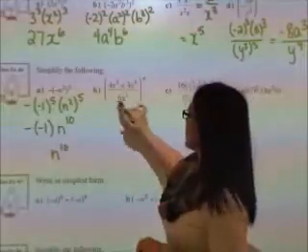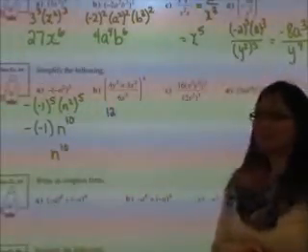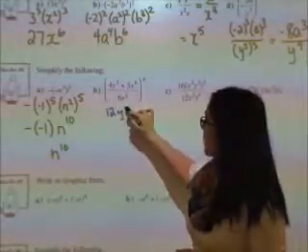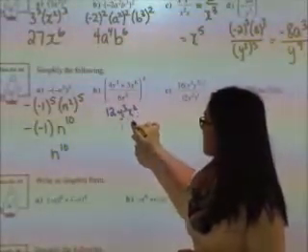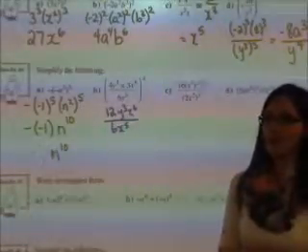Okay, so tell me what you mean by simplifying it. What would you do? Multiply the 3 and the 4. Okay, multiply the 3 and the 4, I get 12. Okay, and then I still have this y to the power of 3, this x to the power of 6 over 6x to the power of 5.